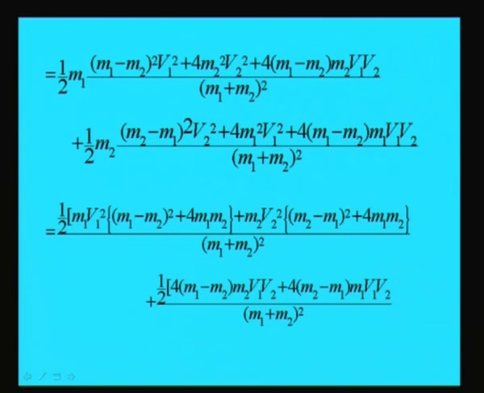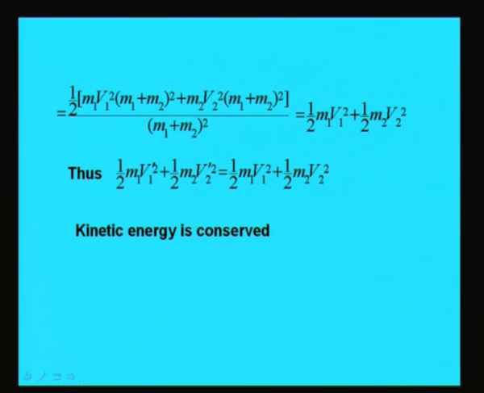The cross terms in V1 V2 cancel out. So this big expression is equal to half (M1 V1 square (M1 plus M2) square plus M2 V2 square (M1 plus M2) square) divided by (M1 plus M2) whole square, and if you simplify, this becomes half M1 V1 square plus half M2 V2 square.